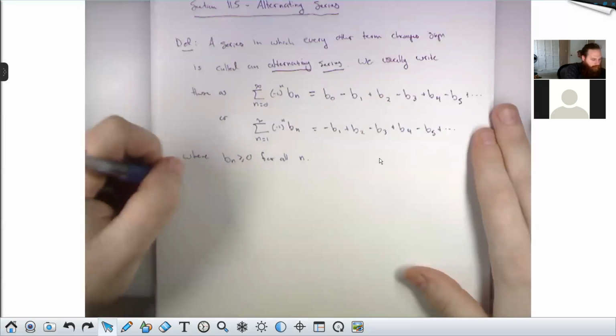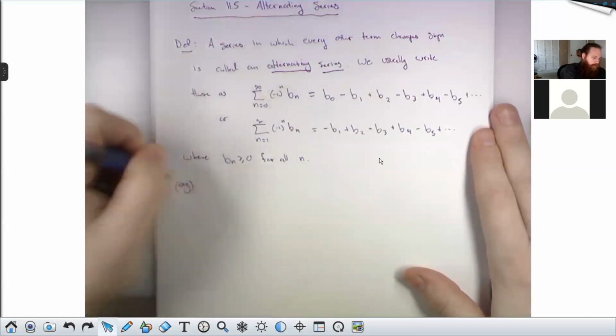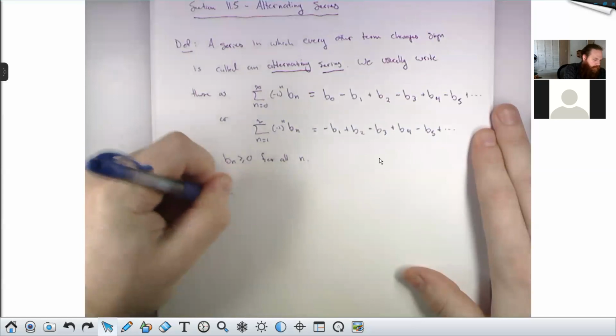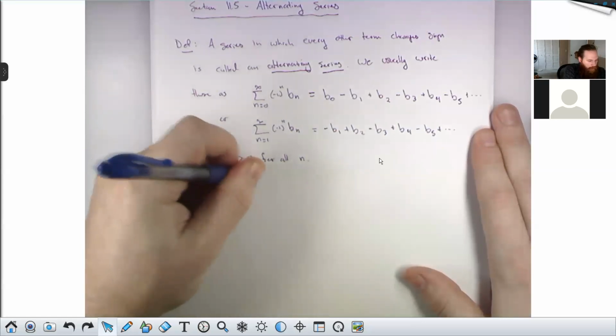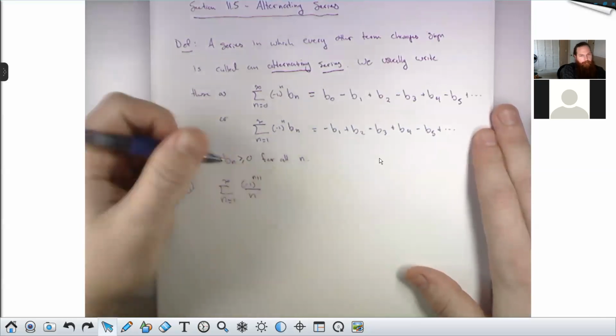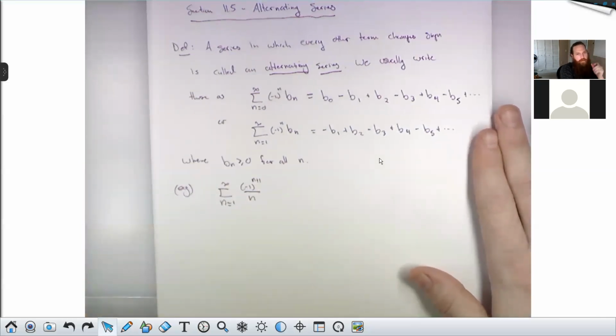An example. Sigma n from 1 to infinity, -1 to the n plus 1 over n. This is an alternating series.